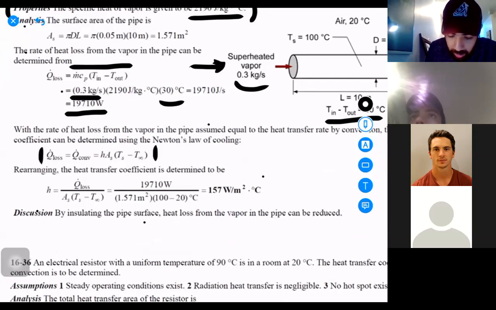Doing that, you can see h will be equal to the heat loss that was previously found as 19,710 joules per second, over the surface area, that is 1.571 meters squared.